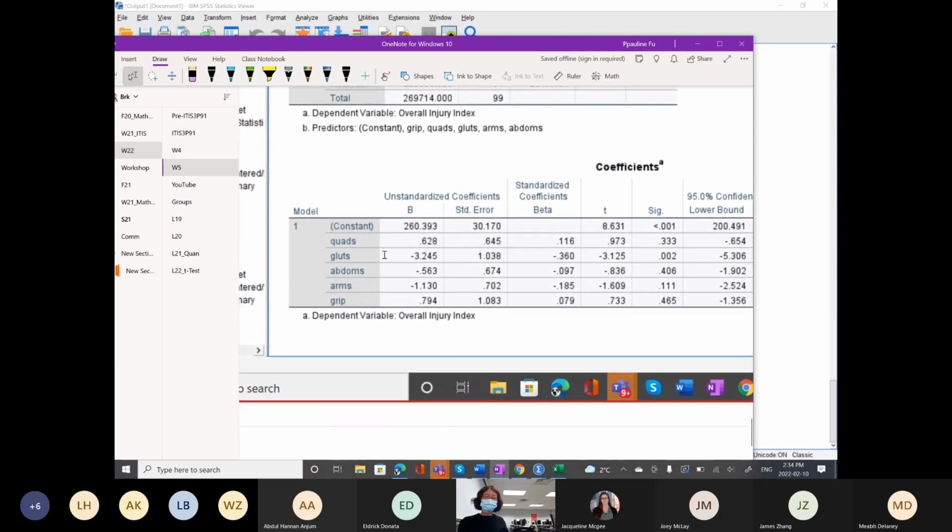Now, because we have 5 independent variables here, when you write down the equation, you are going to base it on the standardized B. Okay, based on those numbers here, you can write down an equation. So the equation would be, remember, what is my Y or dependent variable? It is injury.